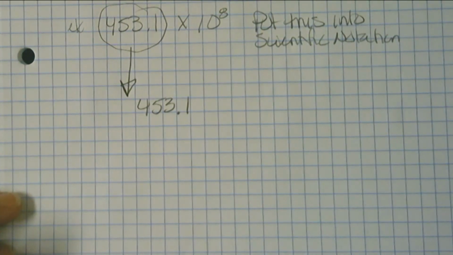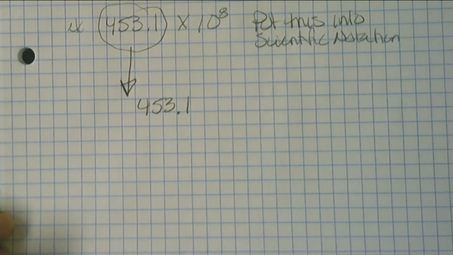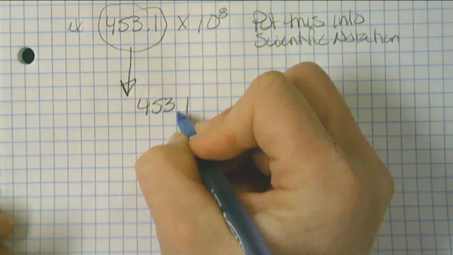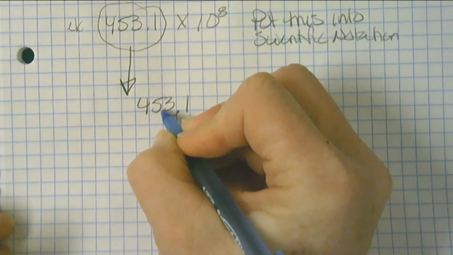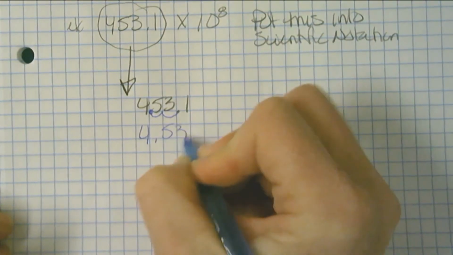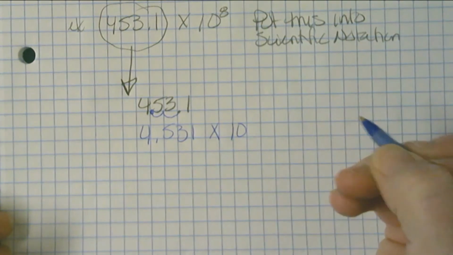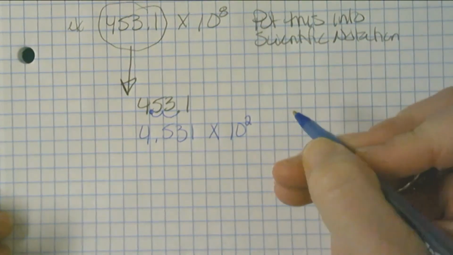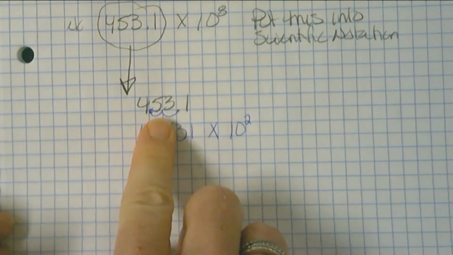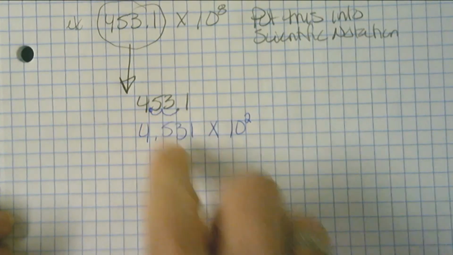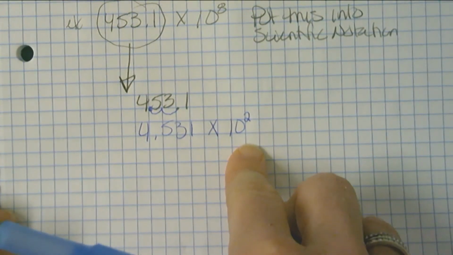What am I going to do to change 453.1 into scientific notation? What do I do, Francesca? Excellent. So I end up with 4.531 times 10 to the second. Positive or negative? Why? Yeah, this 453.1, that standard form was big, so that's positive. Jagger, are you good with this?